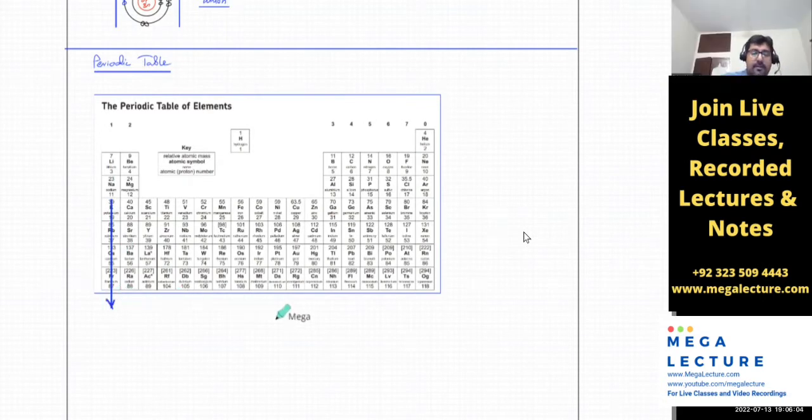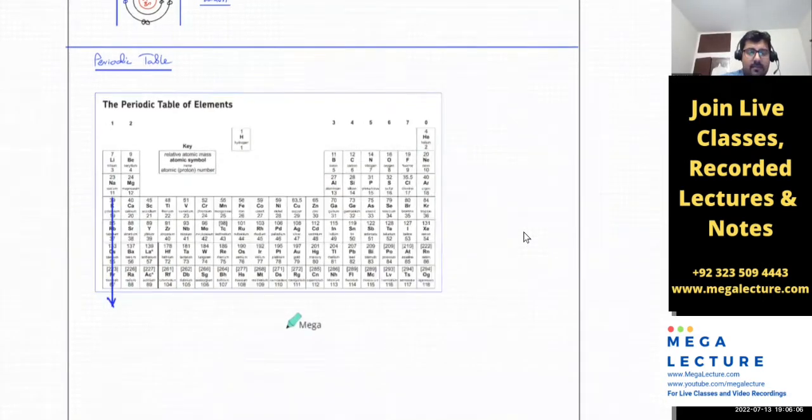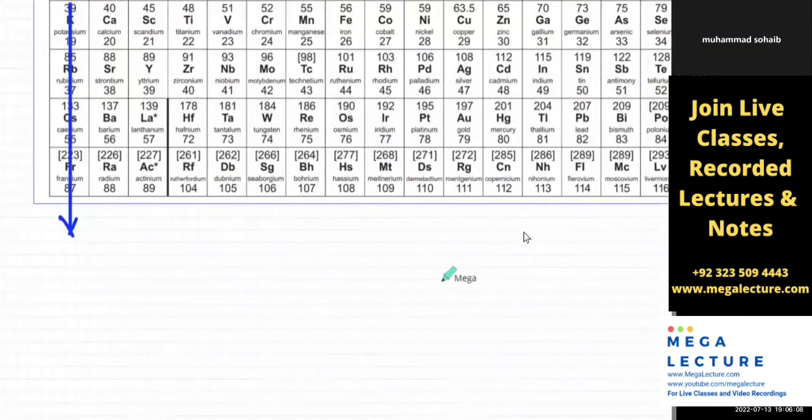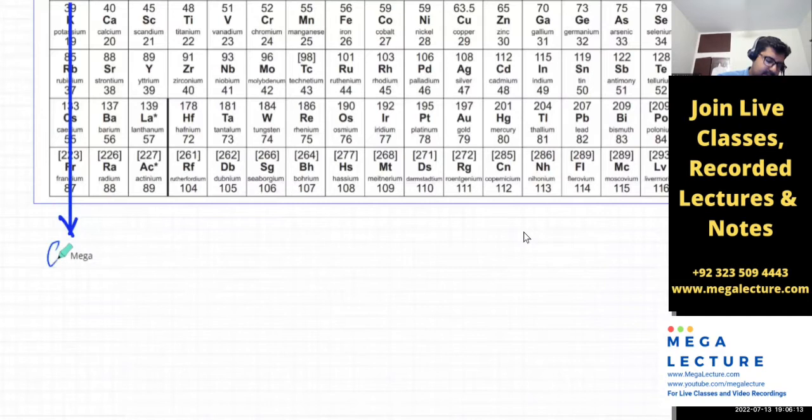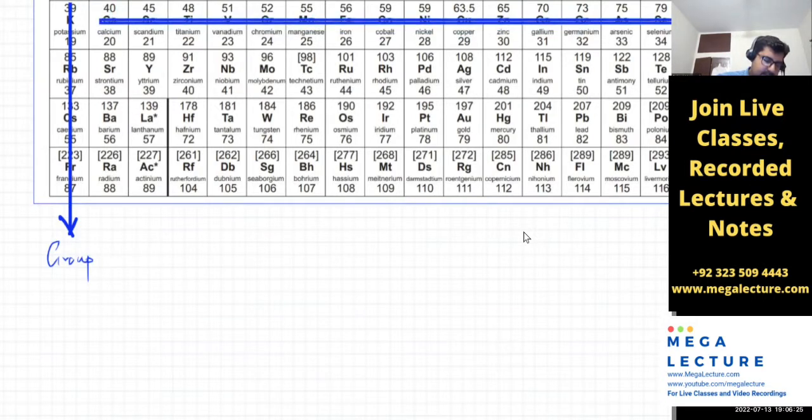That's also true. But what do you call the vertical column? Group and periods. Okay, so that's your group. So this one is a group, and then you've got your periods. This horizontal row is your periods. So those are your periods.